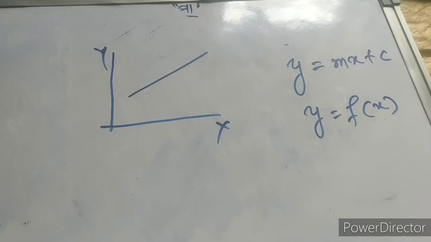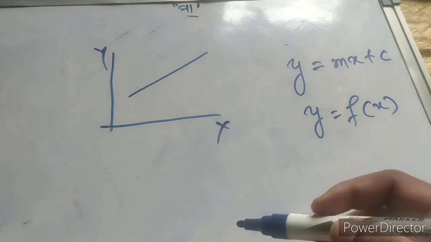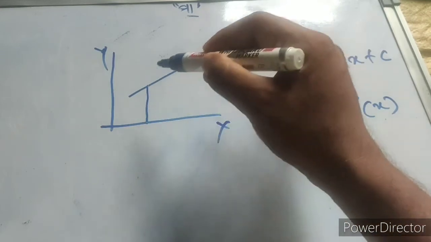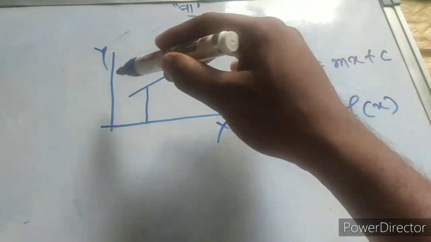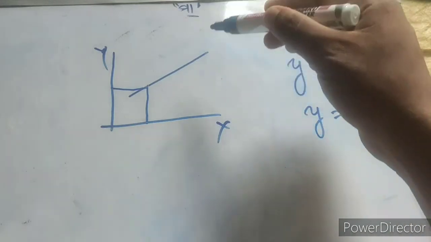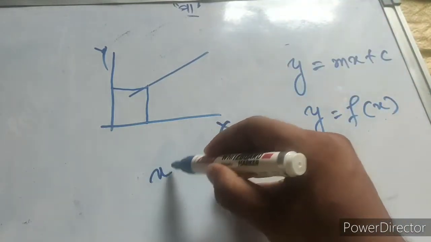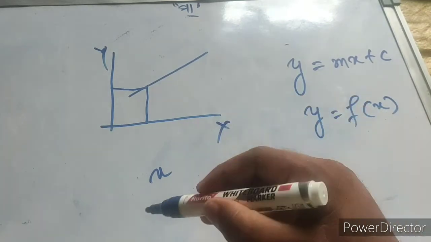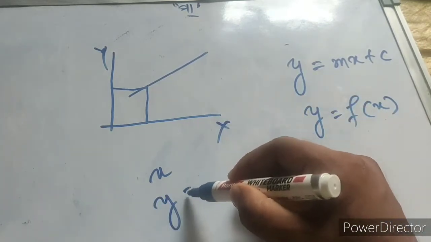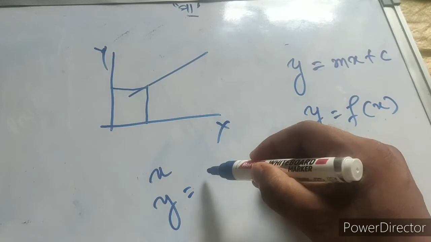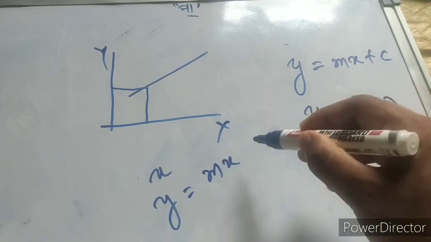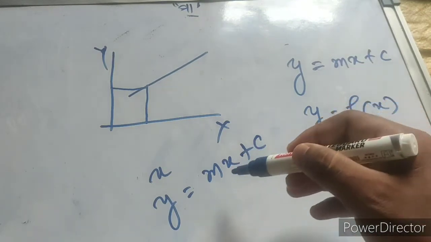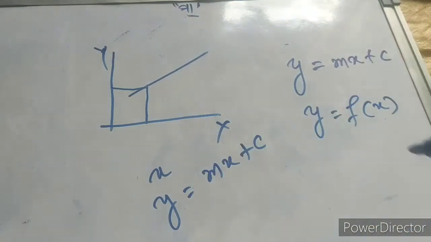To understand this graph, we can say how much x is changed, which turns y. So suppose x here, what is the x value or what is the y value? The y value is what we get if we multiply x with m, then add a constant. This mx + c simply turns y.